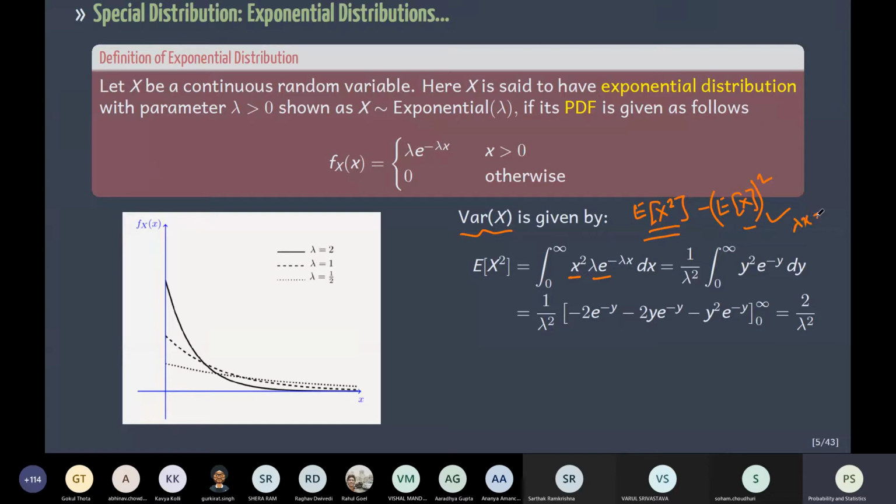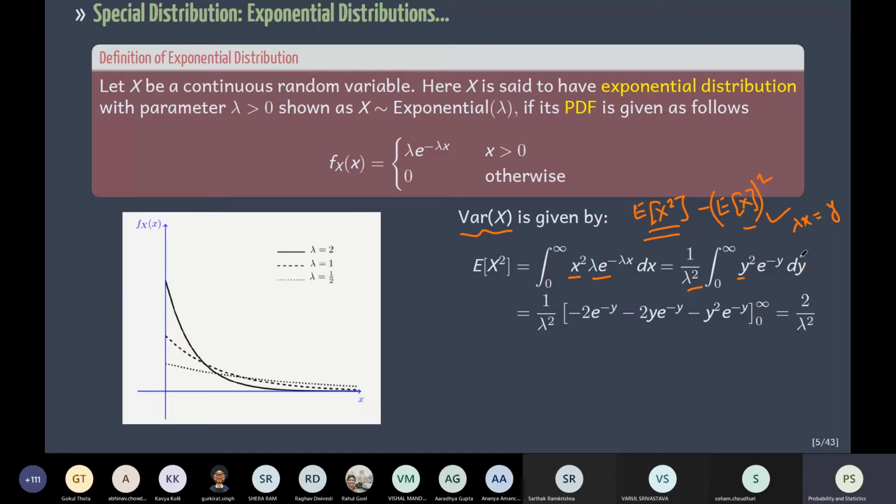Lambda x is y. So x squared will be y squared by lambda squared. So y squared by lambda squared came here, and lambda x is y, so this is the y here, and we have converted this also into dy form.